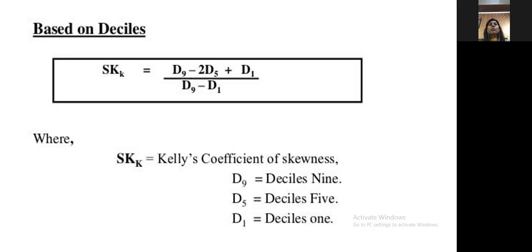So all these deciles first will be calculated, and in order to calculate these values, we need to find out the first part of the calculation of these coefficients of skewness. Just like we started, again we will start from the absolute measure. The first thing which we have to do for finding out this skewness is the calculation of the mean, median, and mode of the data.